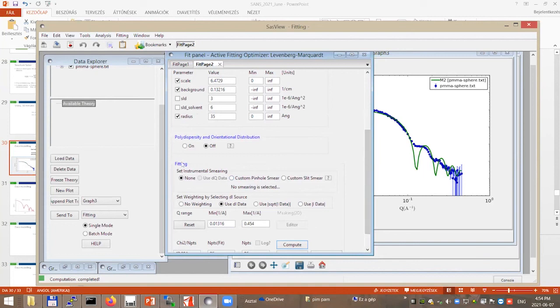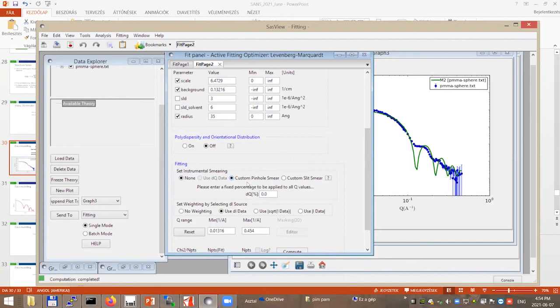And this is here, if you follow my cursor, in the fitting panel, the set instrumental smearing. We can select a custom pinhole smear option. Also, we can select a custom slit smear, but this is for another type of measurement. For the custom pinhole smear, it is given in percents.